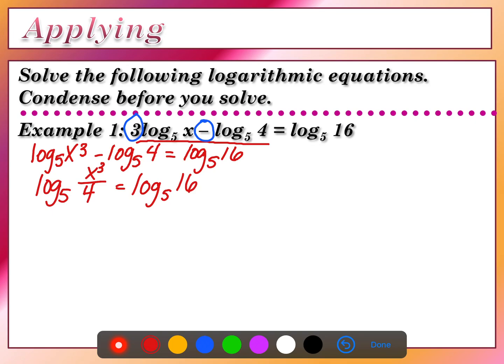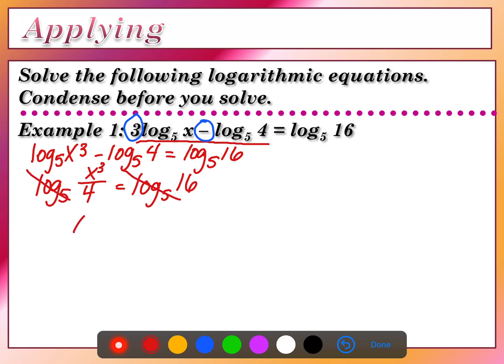Now that I have this condensed where there's just one log on each side of the equation, now I can solve this. You don't want to cancel them out before they're condensed, because if you just crossed off all the logs from the very first step, you'd be left with the wrong operations. Because you see, we're not left with subtraction here, and we're not left with a minus 4. It turns into a division.